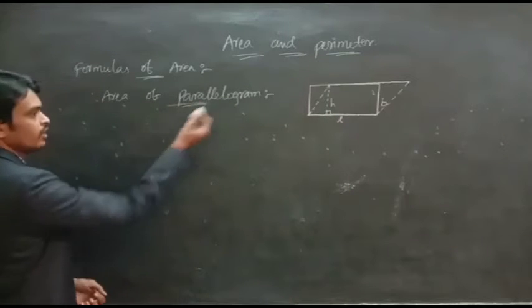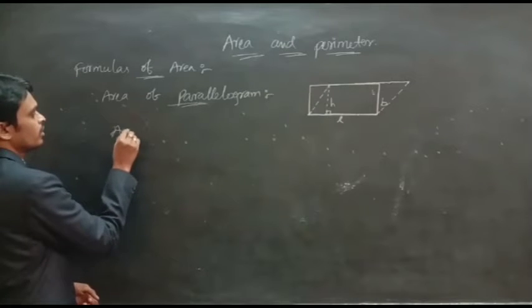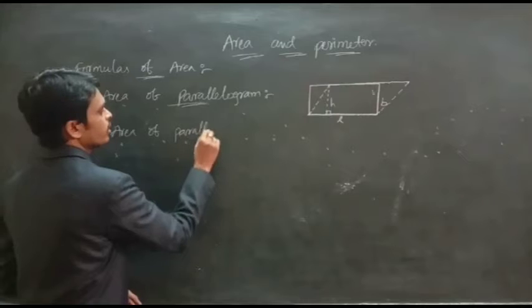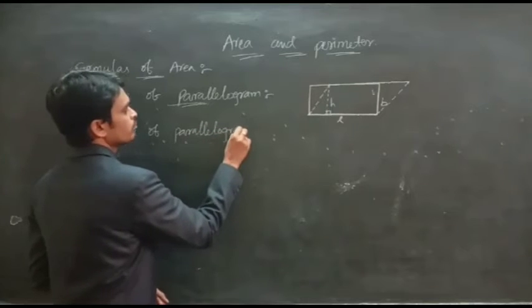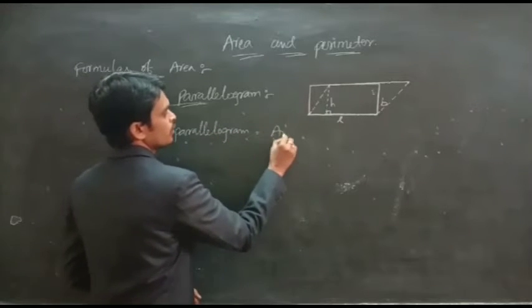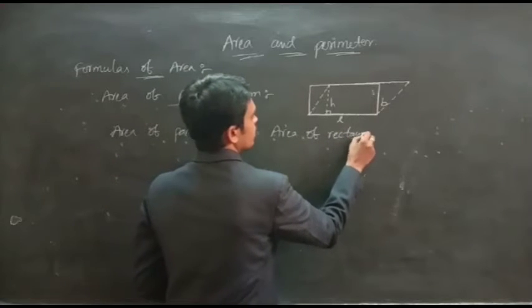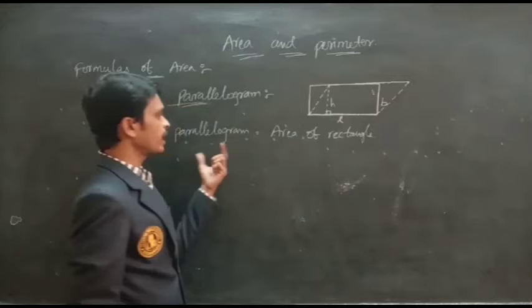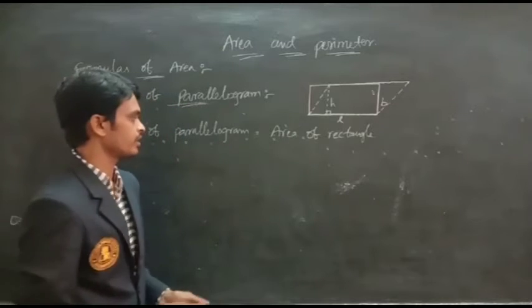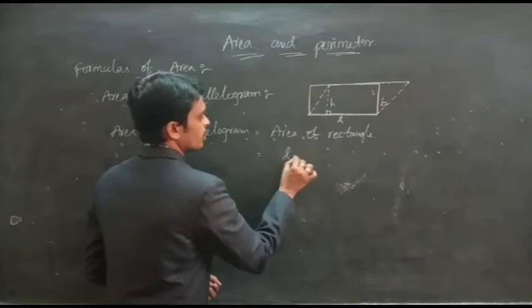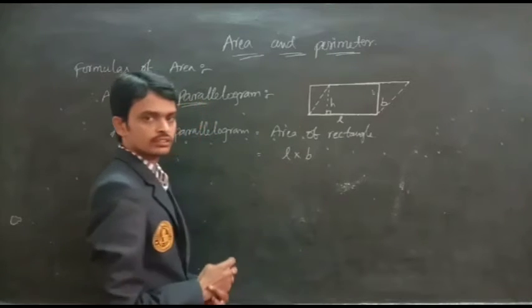So here we can write area of parallelogram is equal to area of rectangle. So area of rectangle formula, already we know, is length into breadth.